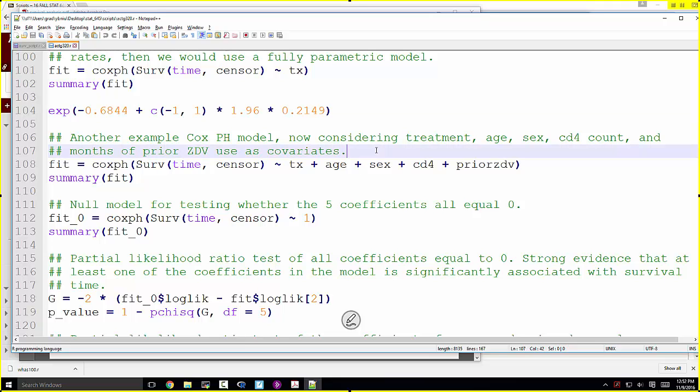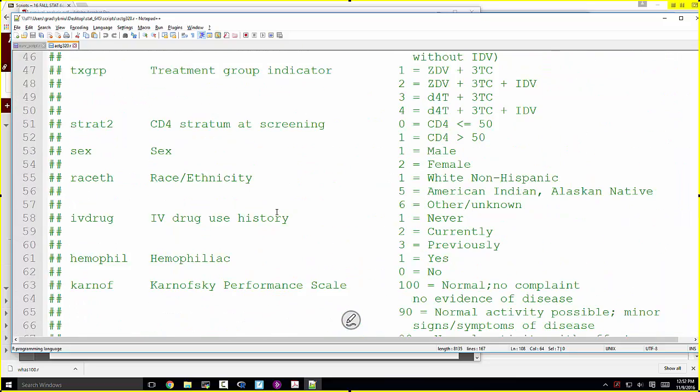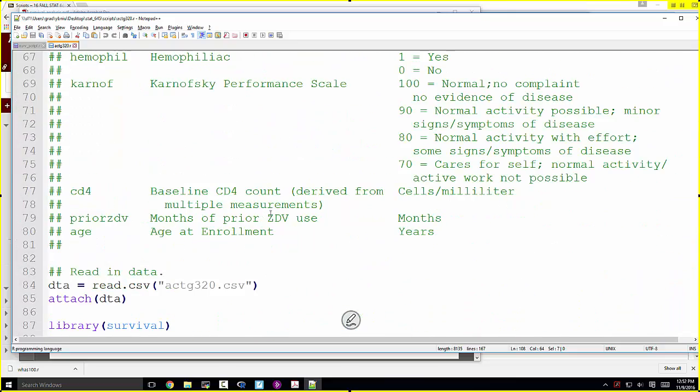Okay, here's another model where we have, in addition to treatment, age and gender and CD4 and prior ZDV. Let me remind ourselves what CD4 and prior ZDV are.